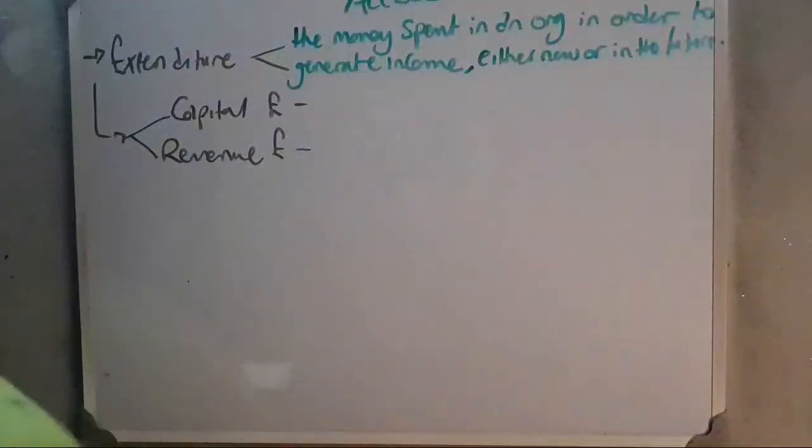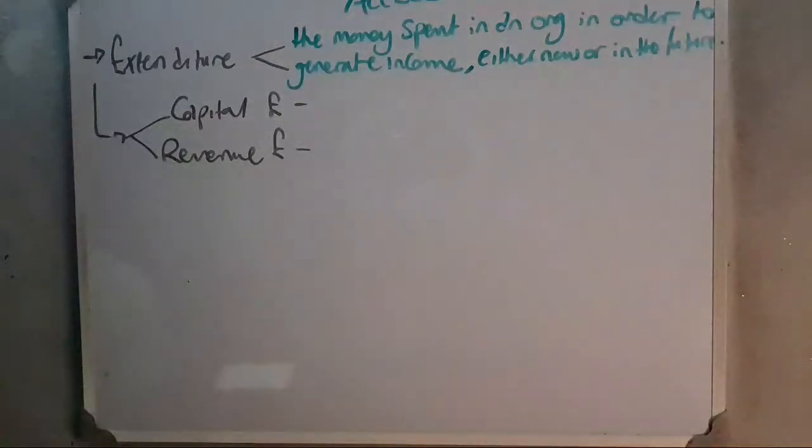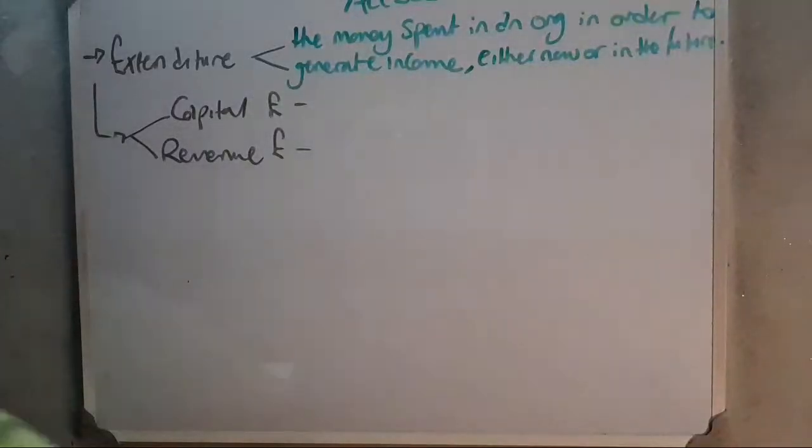Capital expenditure is the money spent to acquire or purchase property of permanent nature, for individuals and organizations. Don't forget we said generate further income. So capital expenditure is the money spent by an organization to purchase or to acquire property of permanent nature.